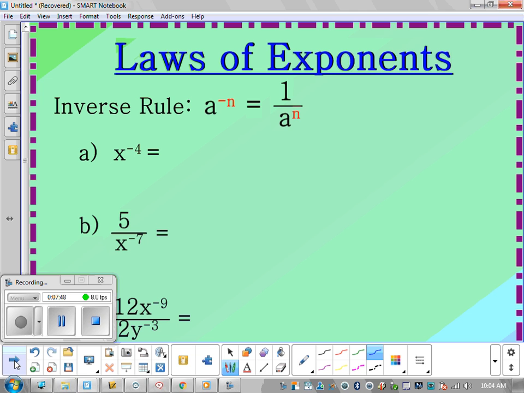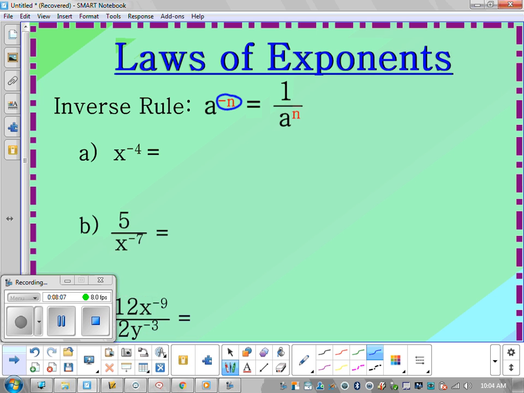The next rule is the inverse rule, which we also did preview in Unit 7. Anytime you end up with an exponent that is negative, you must take its reciprocal or inverse and flip it. So for example, a to the negative n, that is a negative exponent.